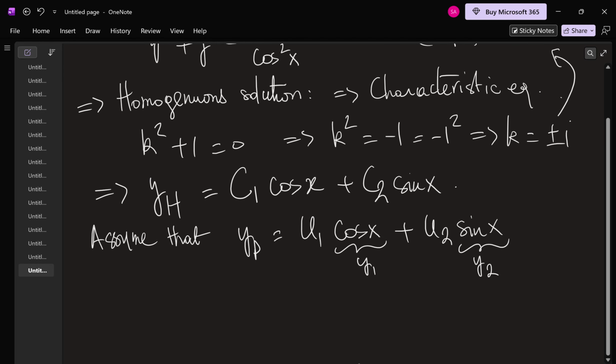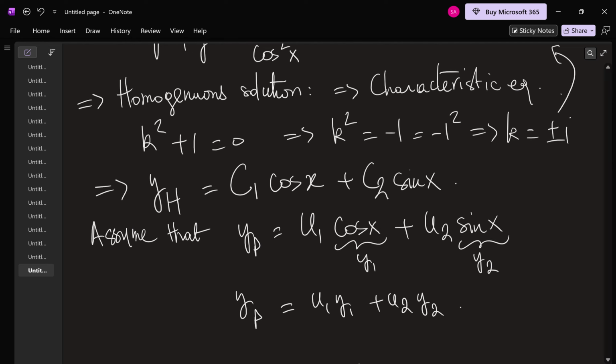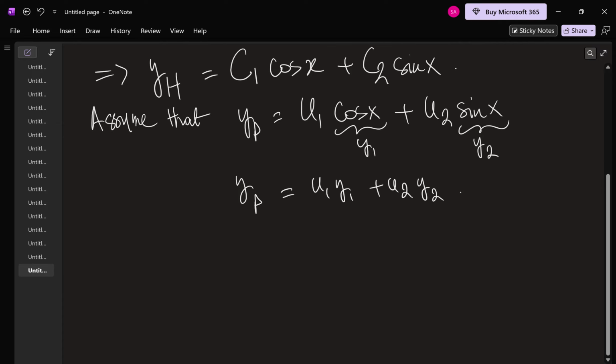So yp, as always, is y1 u1 plus u2 y2. Okay, now we move on. Next, remember, I will not go through all the steps that we did before. That was only to explain to you the principle of variation of constants. Now we will simply apply it.